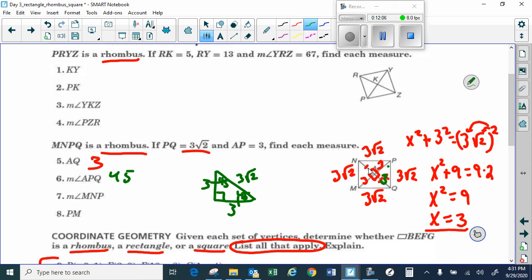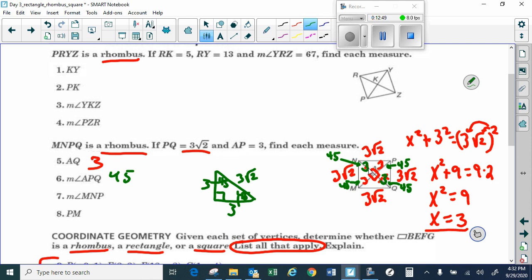So each of those is 45. 45 there, 45 there. And then don't forget we have alternate interior angles because they're parallelogram, right? A rhombus is a parallelogram, so that means this is 45. And the alternate angle here is 45. And so if that's 45 and that's 45, then I have an isosceles triangle. That's 3 right there.